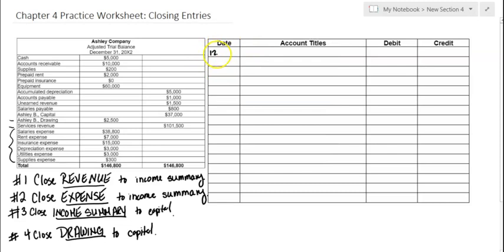Make it a little bit more legible. 20x2. There we go. So first things first, to close this out to a balance of 0, we have to do the opposite. So we're trying to drag this down to a balance of 0. So we are going to debit service revenue. So service revenue debit for $101,500.